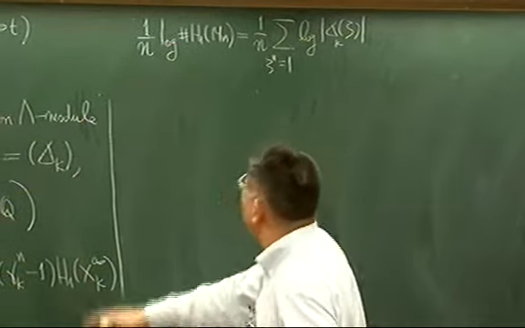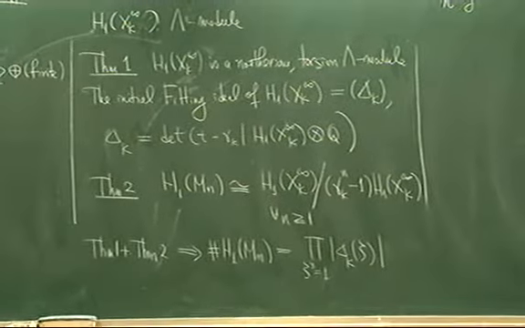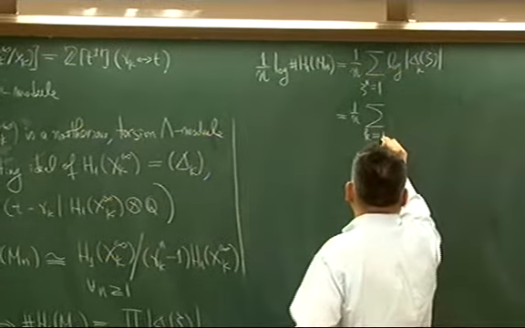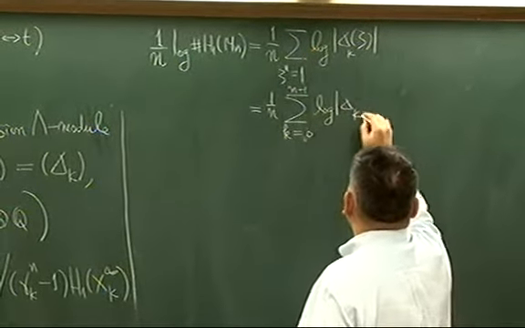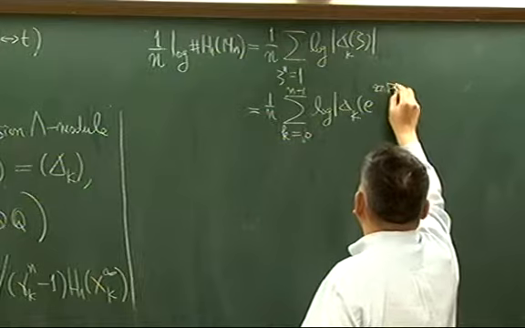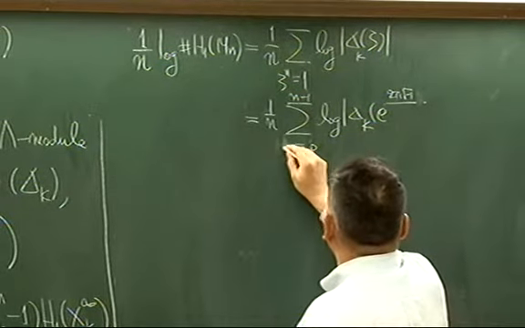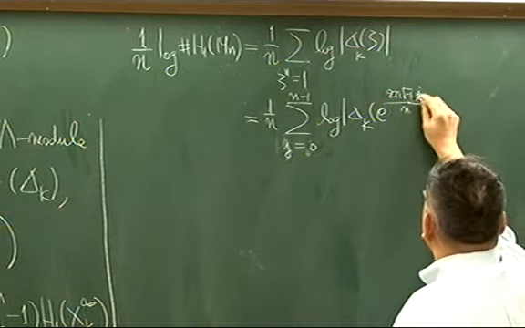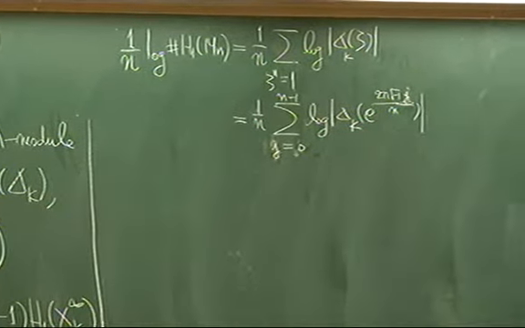This is simply rewritten as the sum over j equals 0 to n minus 1 of the log of Delta_K at e to the 2 pi square root of minus 1 times j over n. Now this is the n-th root of unity.